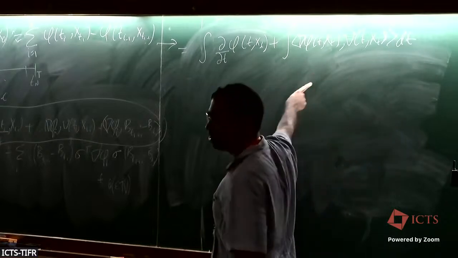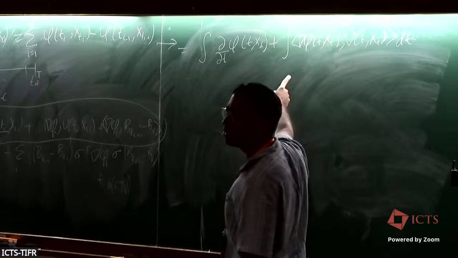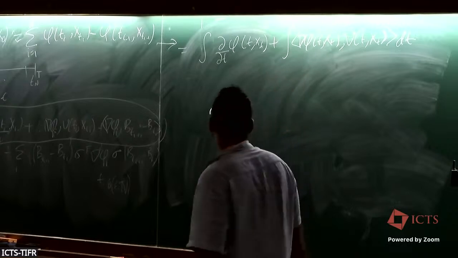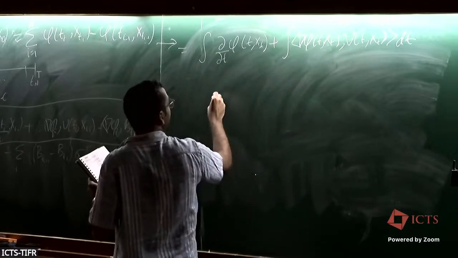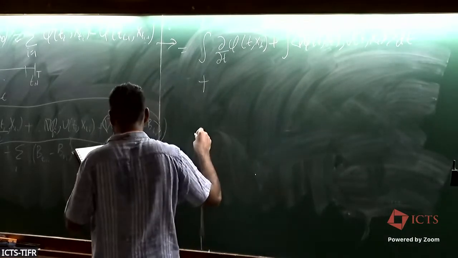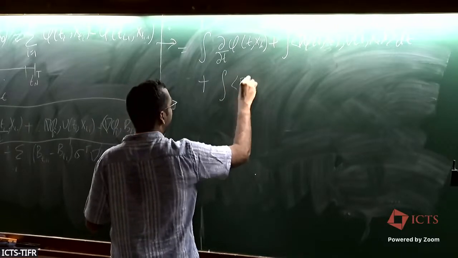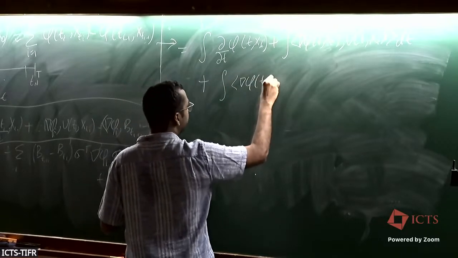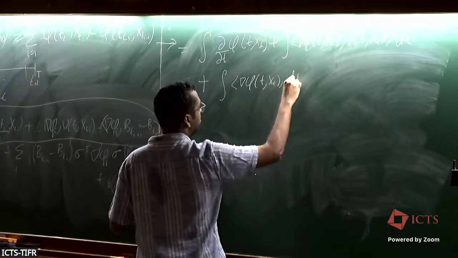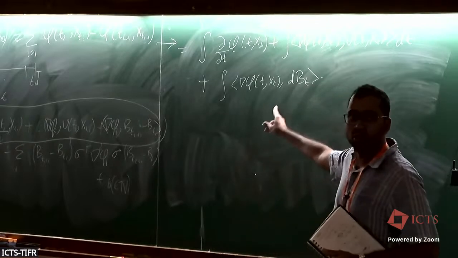This is what we saw in the continuity equation, when we didn't have the Brownian motion, when sigma was 0. But due to Brownian motion, now we have two terms. The second one is the integral of grad phi of (t, X_t) times dB_t. This is the Ito stochastic integral.